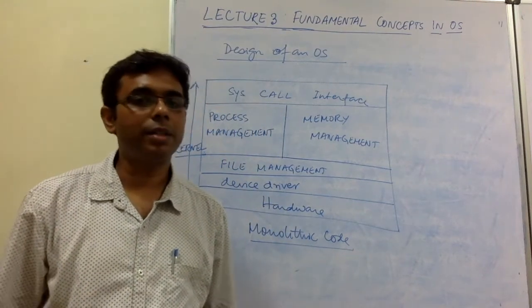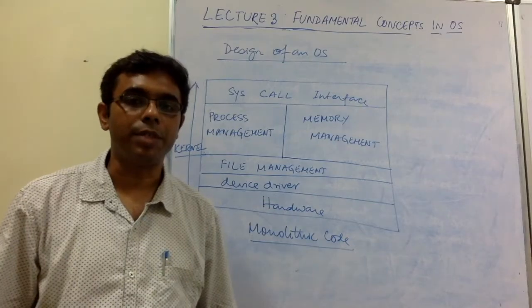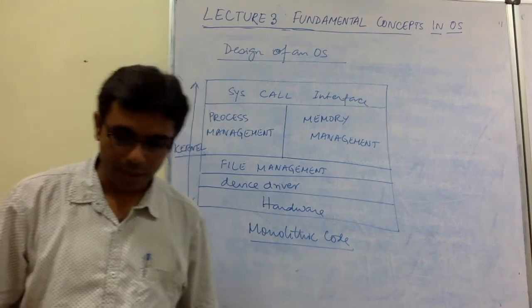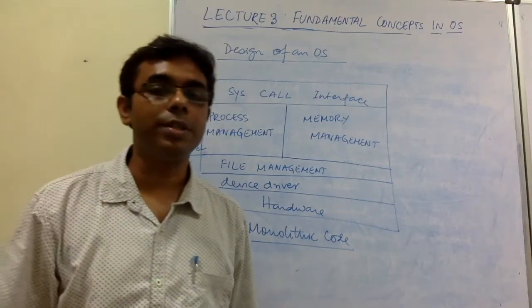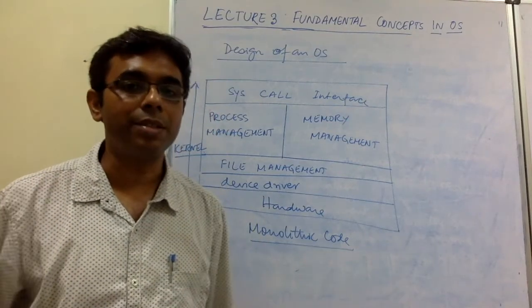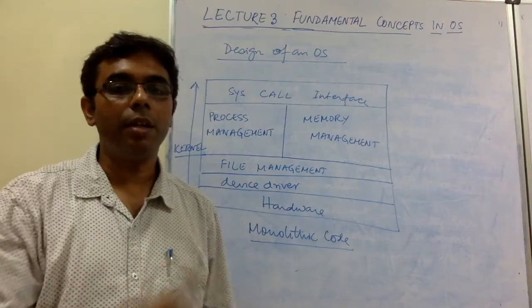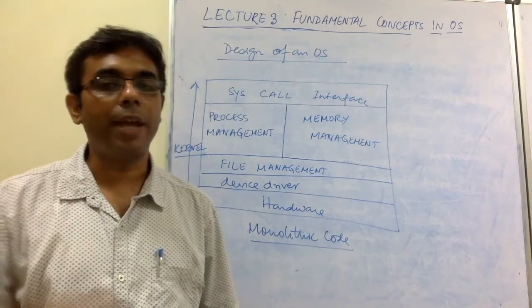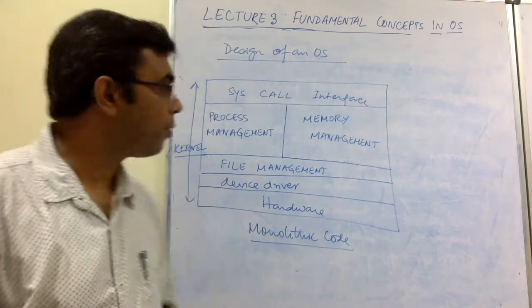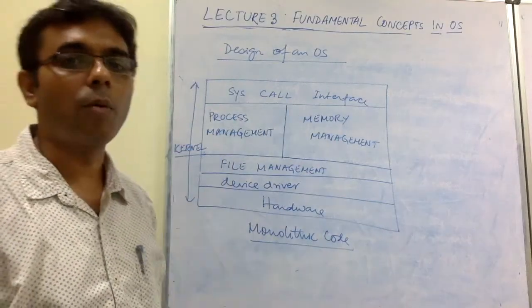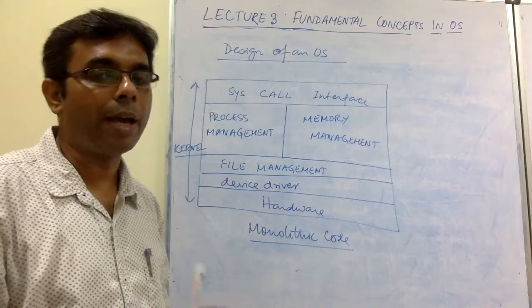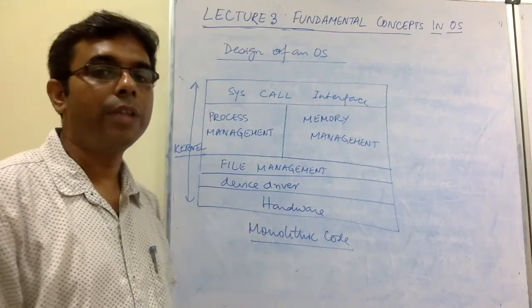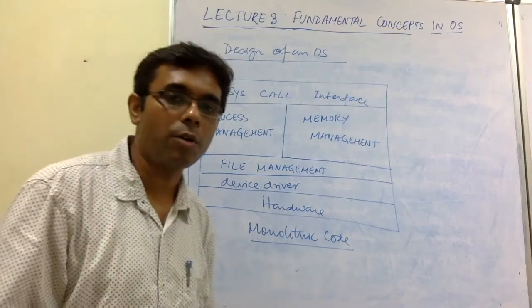There are advantages and disadvantages of having this kind of design. The advantage is that it's a standard way of designing. You keep everything in one place, and for any module of the kernel that an application will be requesting, the kernel will look it up and then execute that particular module. That's how it will work.